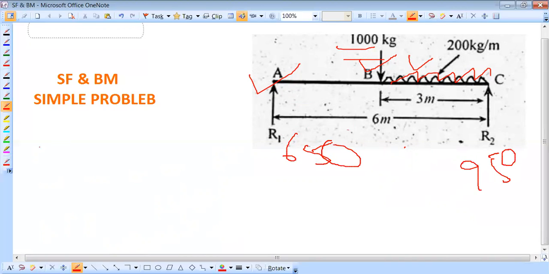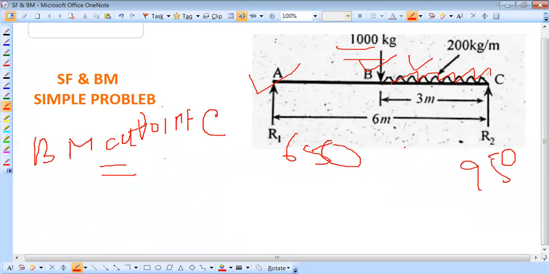So to find the value of BM: BM at point C. As you already know, at any fixed point the bending moment is equal to 0, so BM at C is equal to 0.